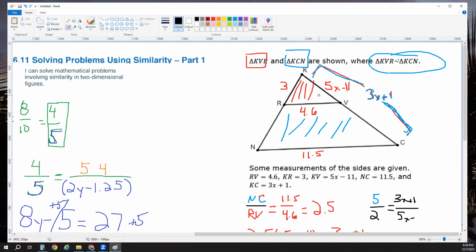Then I'm going to do 5x minus 11. Minus 11. That is the proper ratio for this long one to the little one.